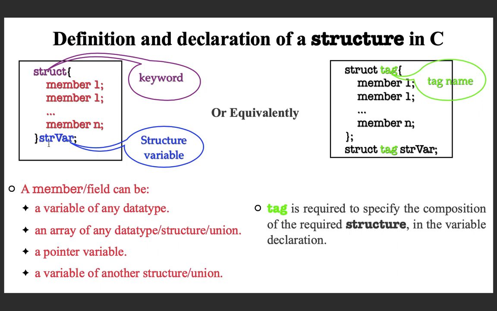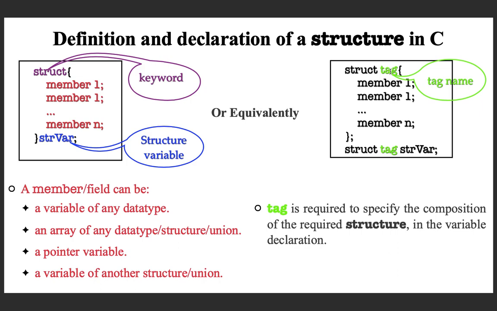Okay, and if you want to declare a number of structure variables, you can separate them by comma just like any variable declaration. But here we are separating it. We have to declare it later after the structure definition. Then to indicate which structure I am going to declare a variable for, every structure must be given a tag.